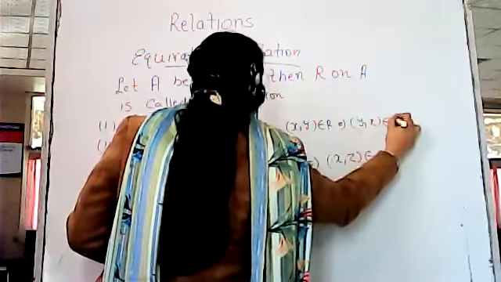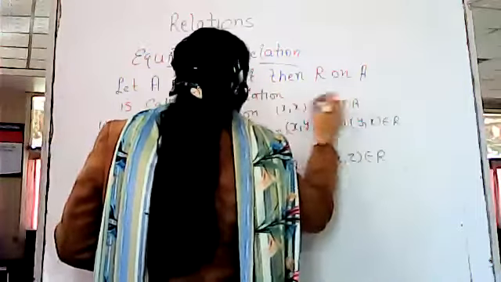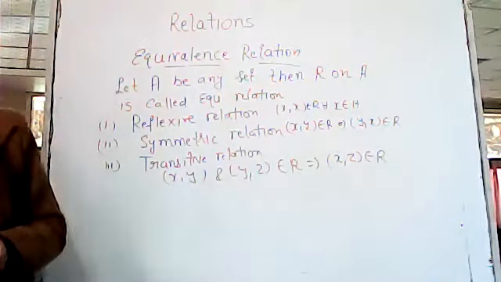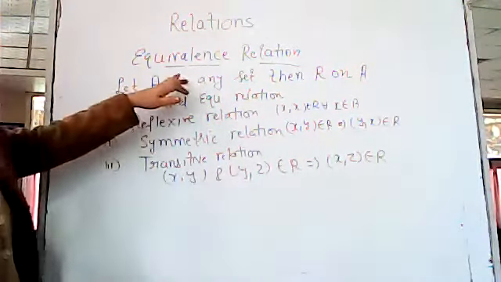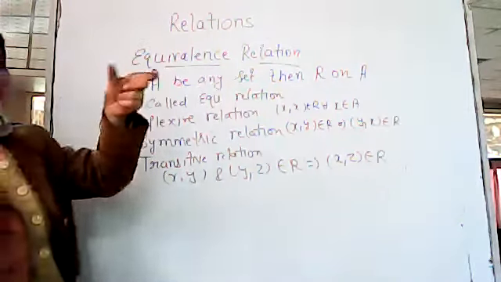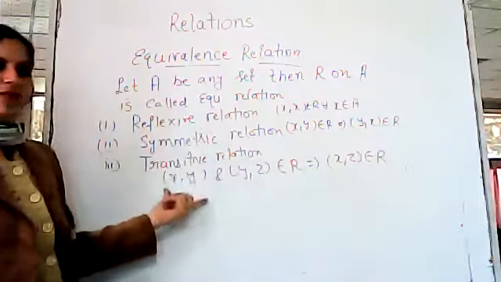So if these three properties are satisfied, then you can say the given relation will be an equivalence relation. So beta, this is all regarding the definition of equivalence relation. Suppose we have this question in your exam, to define equivalence relation. It means you have to define each and every property.